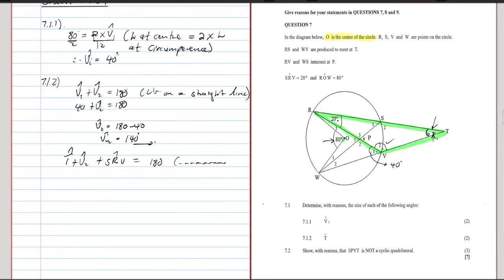This is the sum of angles in a triangle. I don't have T, so I'm leaving it as it is. V2, I have: it's 140, plus SRV, that is 20 degrees, is equal to 180.